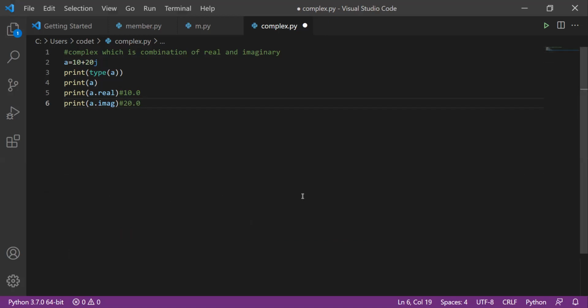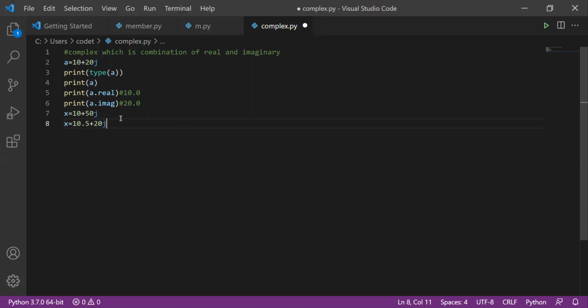So if you want to know the real part, you can enter variable dot real. If you want to know the imaginary part, variable dot imaginary. Now I am creating one more variable, which is 10 plus 50j. You can create a variable like this, or else x equals 10.5 plus 20j.